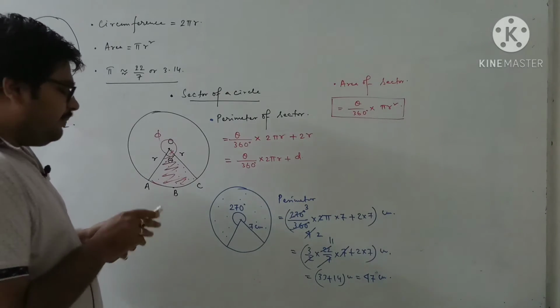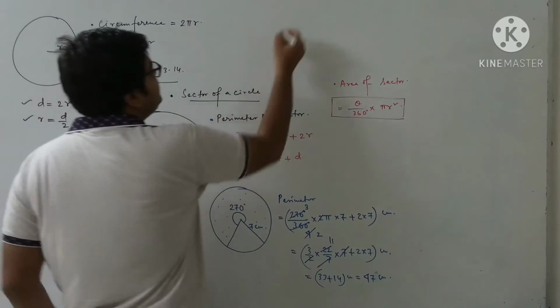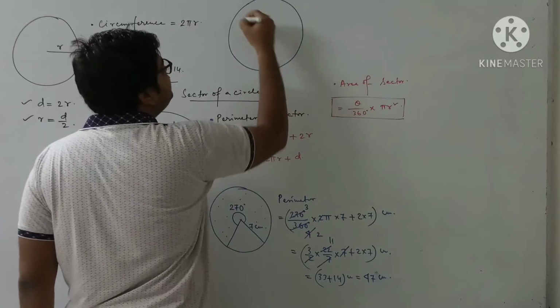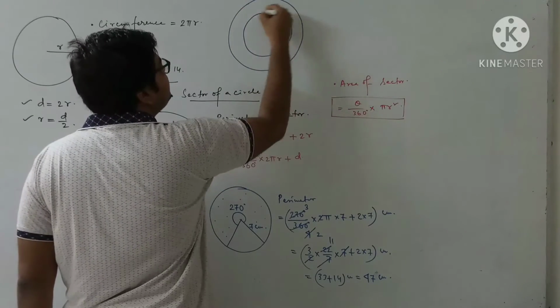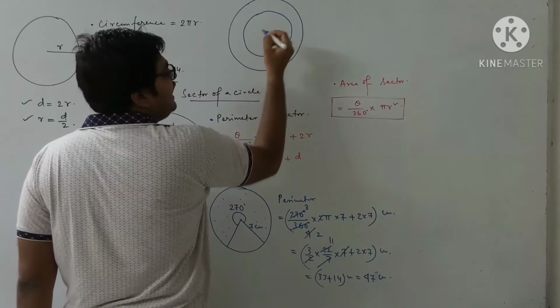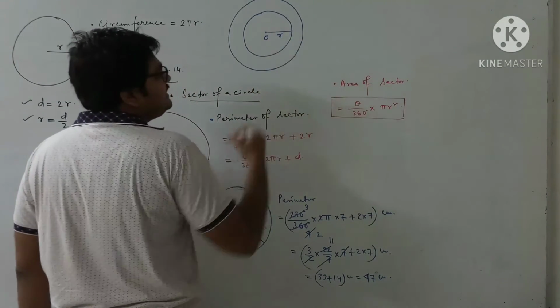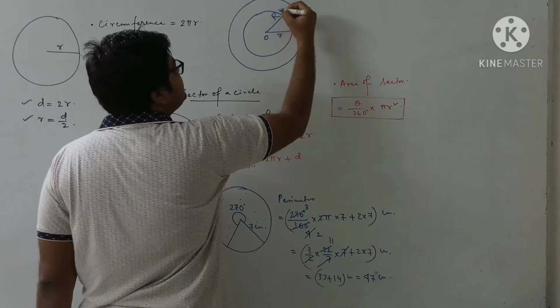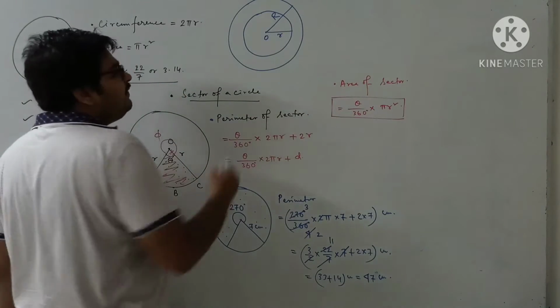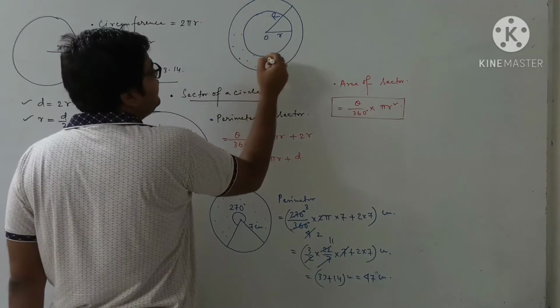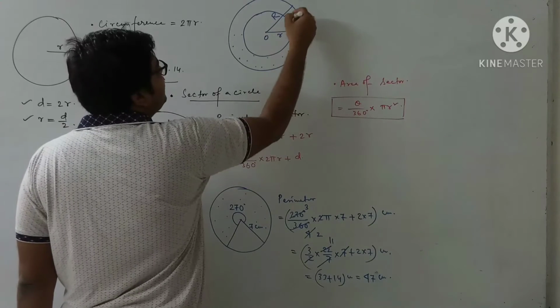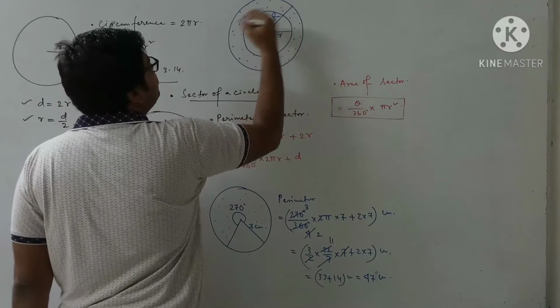One more thing we will remember, though we know this one: suppose there are concentric circles. Two concentric circles have the same center, we already know. The smaller one, suppose the radius is small r, and the bigger one's radius is capital R. Now if I want to find the area of this circular ring, what is the formula?